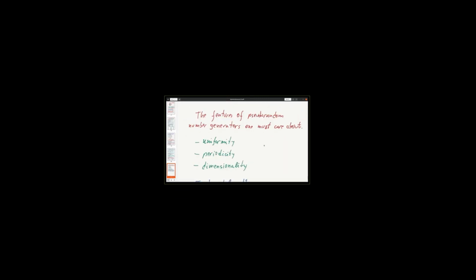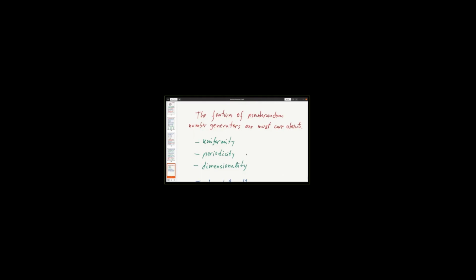So what we learned in this class is that there are some features of pseudo-random number generators that we must care about. And these are uniformity of the distribution. And this is related not only to the fact that it's approximately constant, to be really a very good number series, but also with the scale that you need, so the number of digits in your random numbers.